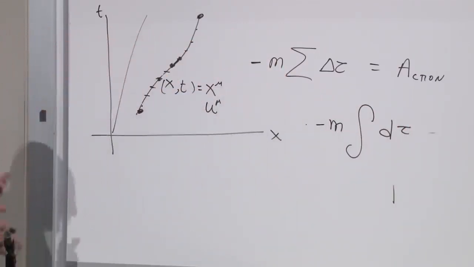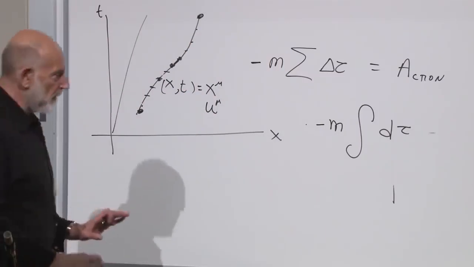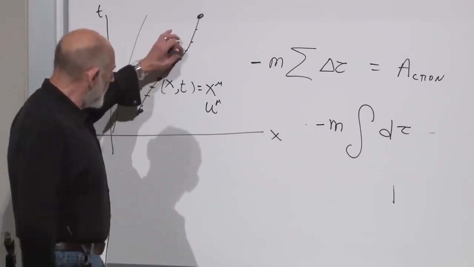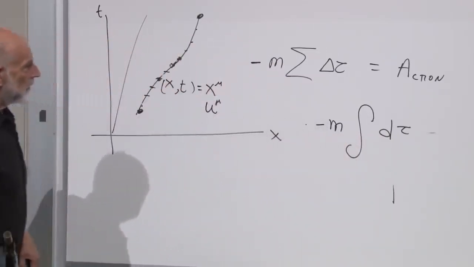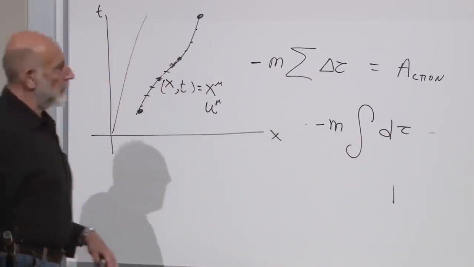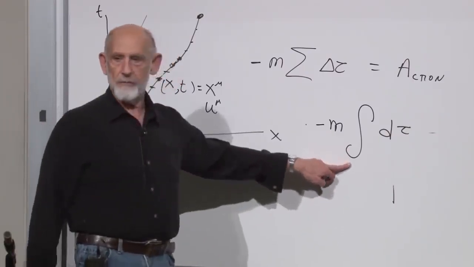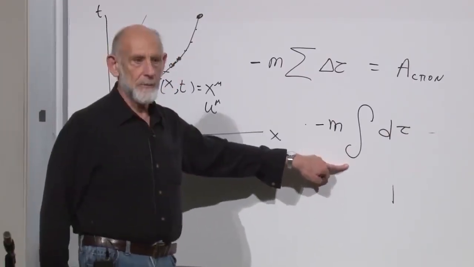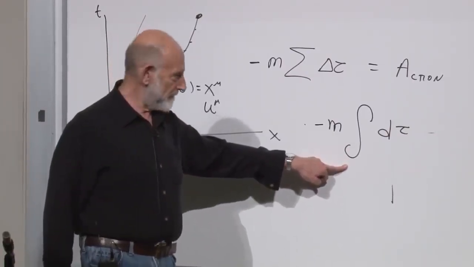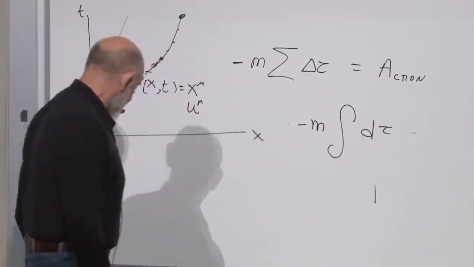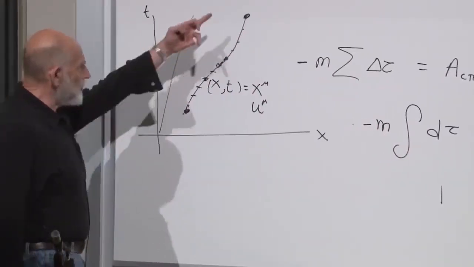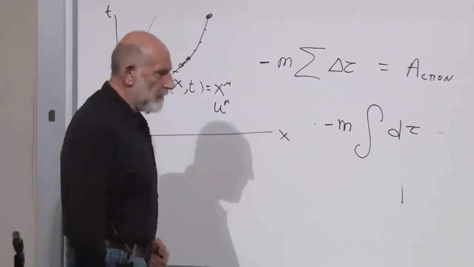The integral, and I'll explain exactly what this means in a moment, is the sum of little infinitesimal d taus from one place to another. There's a reason why the integral is written by this curly symbol here. You know what the curly symbol means? Sum. Right? And delta tau just becomes d tau from one end of the trajectory to the other, from the initial end to the other end.